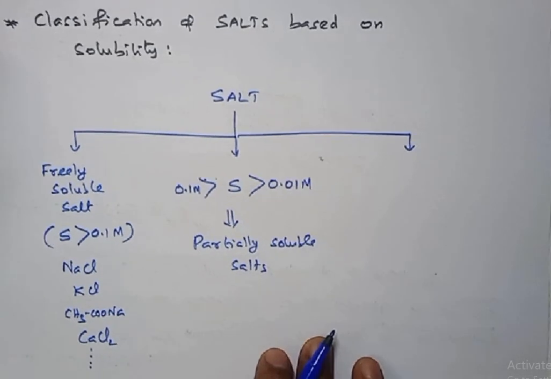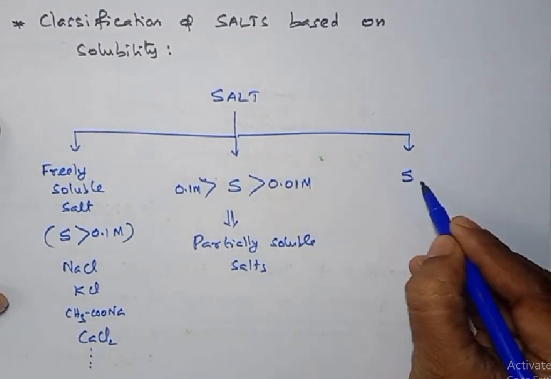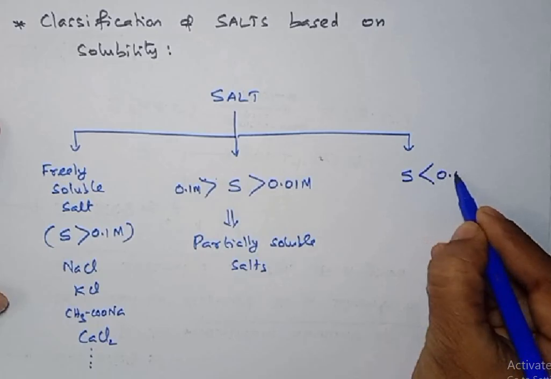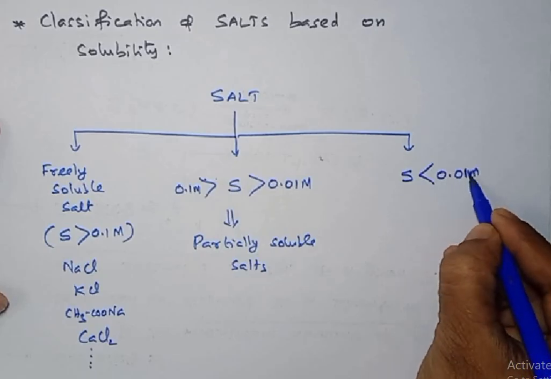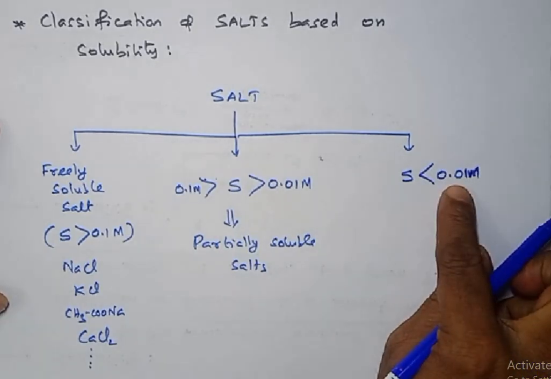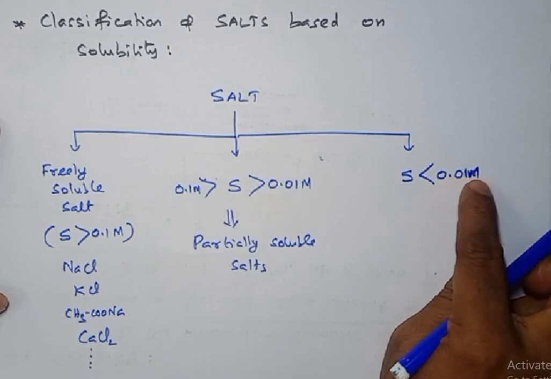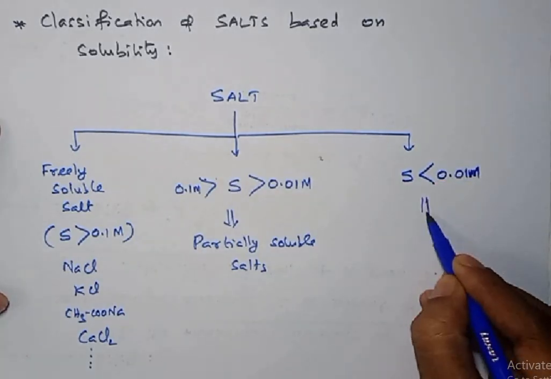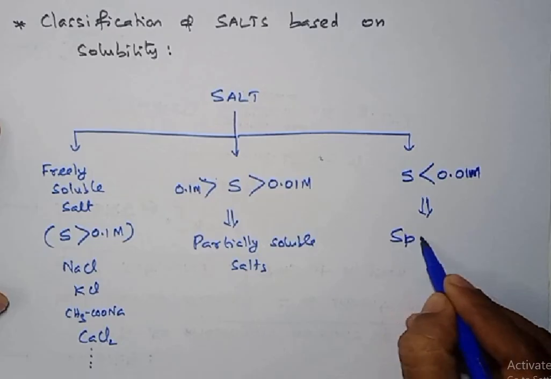And we have a third category where solubility will be less than 0.01 molarity. If any salt has solubility less than 0.01 molarity, then we call those salts sparingly soluble salts.